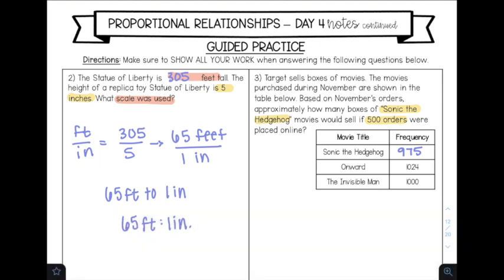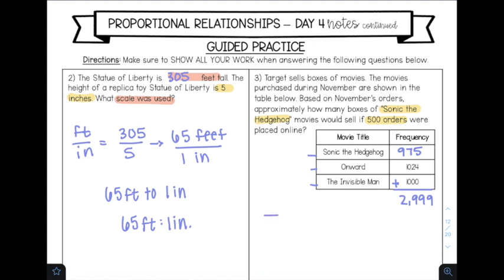The first thing that you need to figure out after knowing the frequency of Sonic the Hedgehog movies would be the total number of orders. So if we add up 975, 1,024, and 1,000, you're going to get 2,999 movies were sold between Sonic the Hedgehog, Onward, and The Invisible Man.